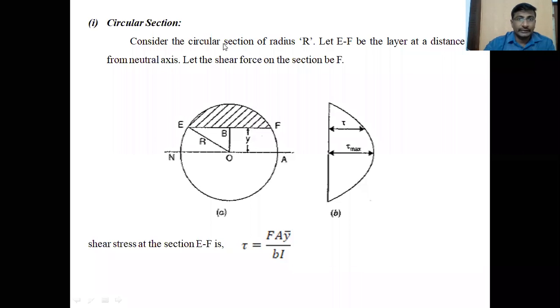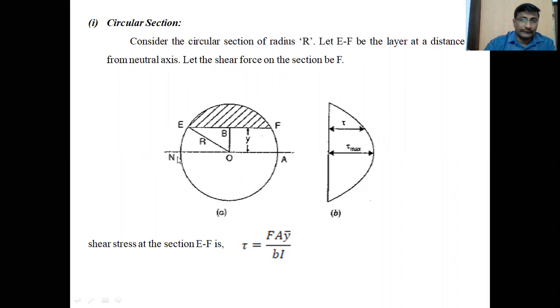So consider the circular section of radius capital R, with center O. Let us consider the EF layer. EF is the layer at a distance of y from the neutral axis. For the circular section, the neutral axis passes through the center.